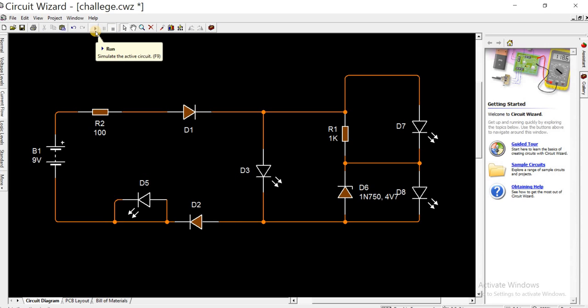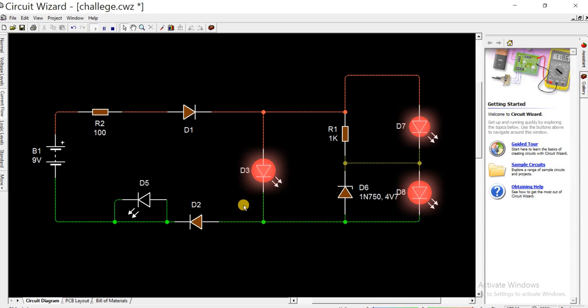It will still work, because now there is no need to bridge this diode anymore. The diode is already allowing the current to pass through it, because it's now forward biased. Are you getting it? So I think that's all for the questions.